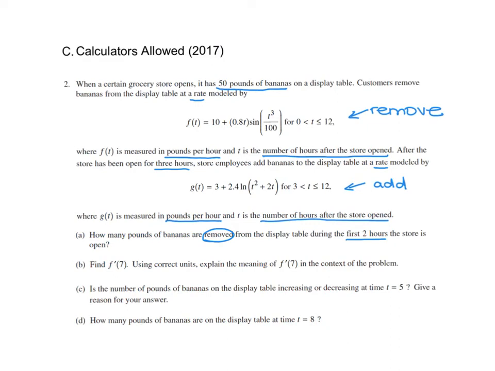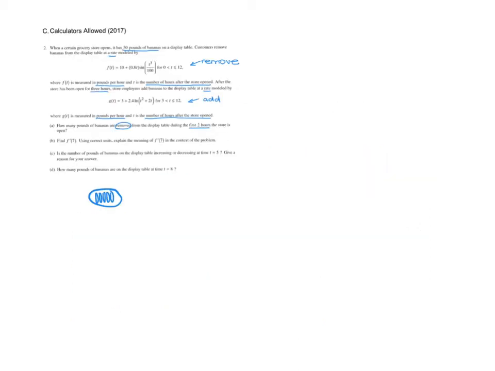So now, part D, how many pounds of bananas are on the table at time t equal to 8? So first we need to figure out how many pounds of banana we have originally. So we have 50 pounds of banana originally, and there's some number of pounds of banana being removed, and there's banana being added.